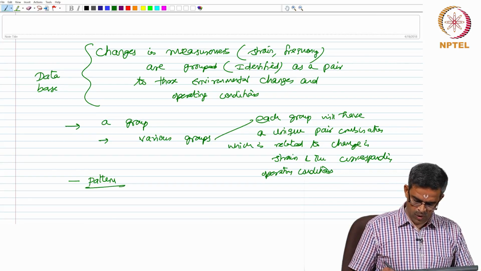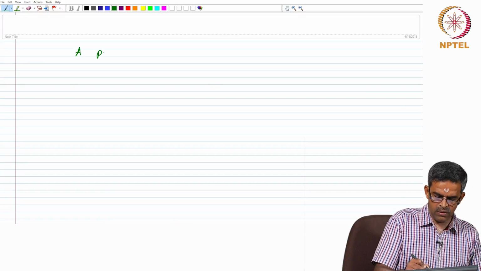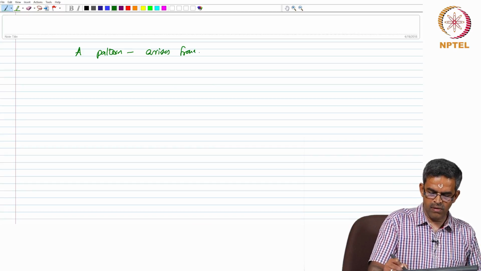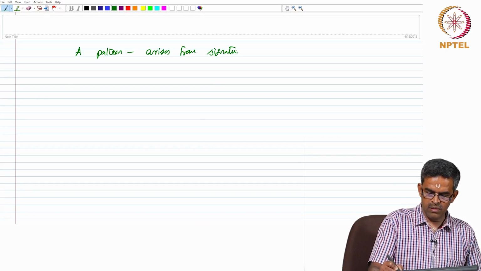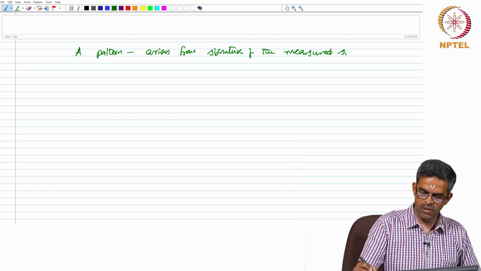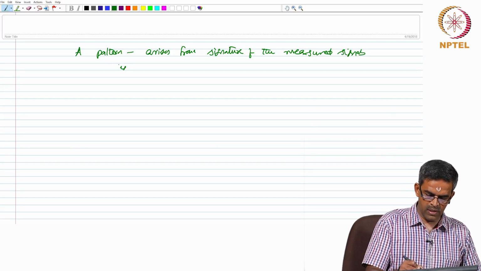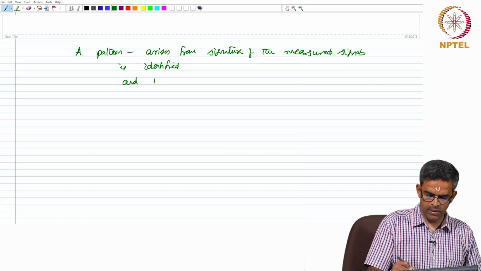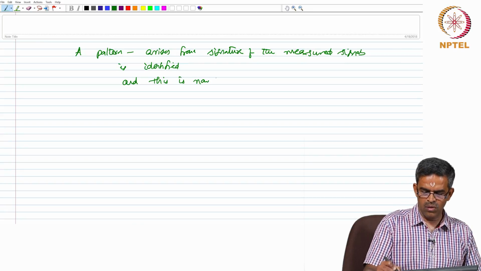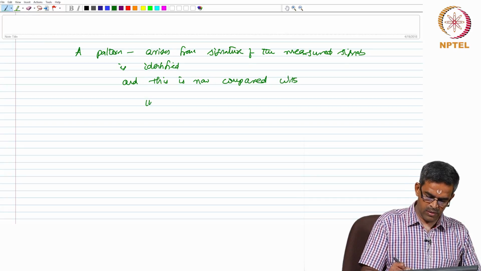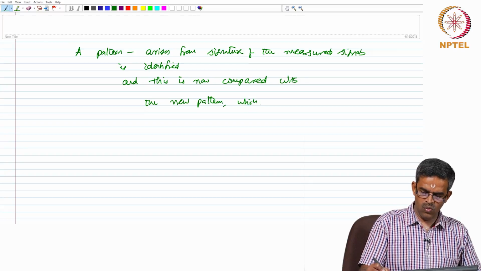So, now a pattern which essentially arises from the signature of the measured signals is identified, and this is now compared with the new pattern which is being recorded.